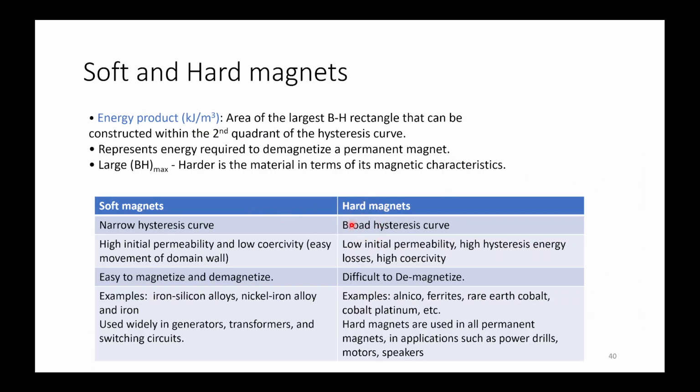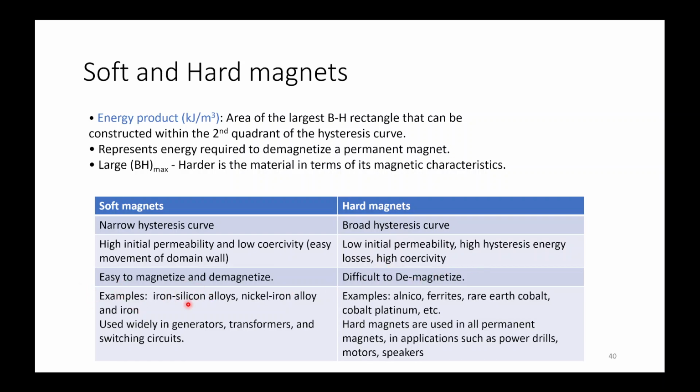Soft magnets have a narrow hysteresis curve, high initial permeability and low coercivity, which means easy movement of domain walls. For hard magnets, there is low initial permeability, high hysteresis energy losses and high coercivity. Soft magnets are easy to magnetize and demagnetize. Hard magnets are difficult to demagnetize.